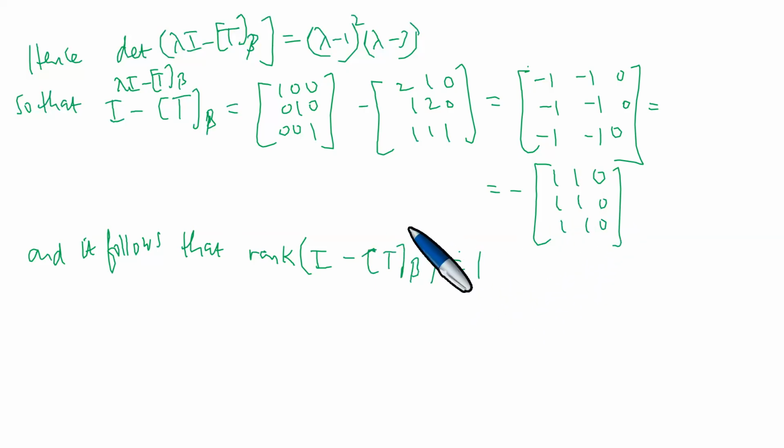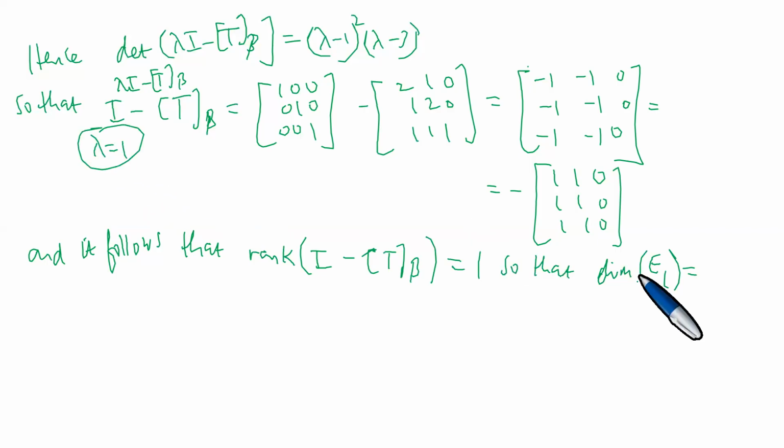How do you find the rank? I'll come to that quickly. You reduce this to row echelon form, and then you find that the rank is 1. So you find the dimension of the eigenspace associated with lambda equals 1, because we did this for lambda equals 1.